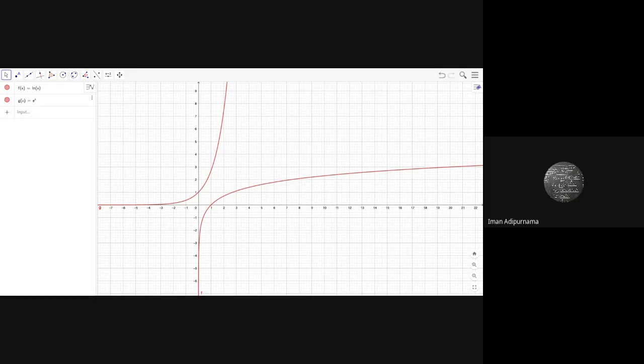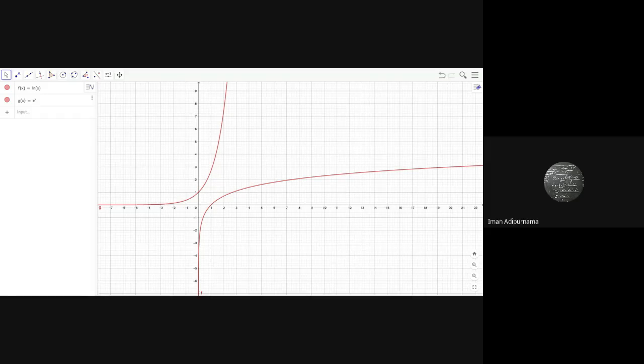I think this is also a good concept for you to not memorize, but try to understand, because it's not too difficult to draw. To draw it, just remember this one and maybe take some number here, maybe somewhere between 2 and 3 it will become 1, because it's e.